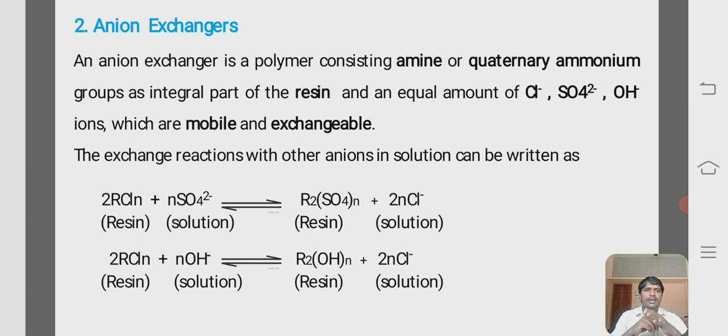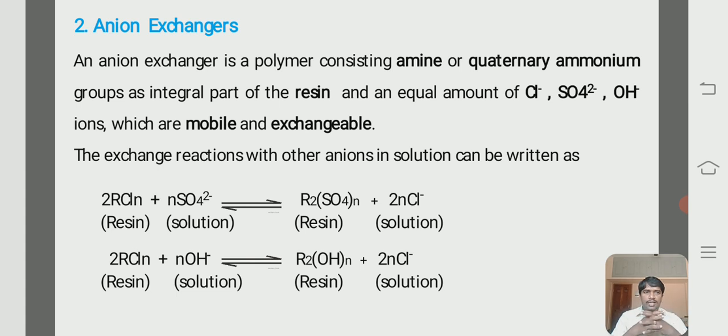That means they have amine or quaternary ammonium groups as an integral part of the resin, and an equal amount of Cl minus, SO4 2 minus, OH minus ions which are mobile and exchangeable. The exchange reactions with other ions in solution can be written as follows.